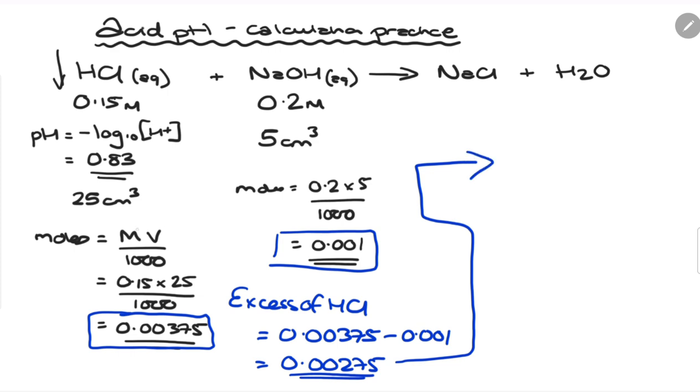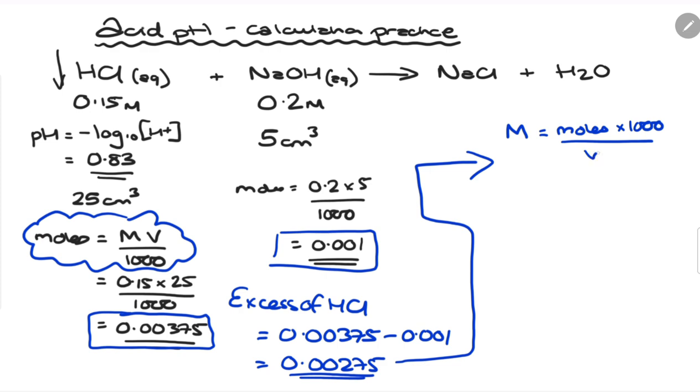And so by a rearrangement of this equation over here, whereby we want to try and calculate what M is, or C if you use CV over 1,000, then the concentration is equal to the number of moles I now have multiplied by 1,000 divided by the volume. So we already have the number of moles of the excess HCl now, which is 0.00275. We would need to multiply by 1,000.